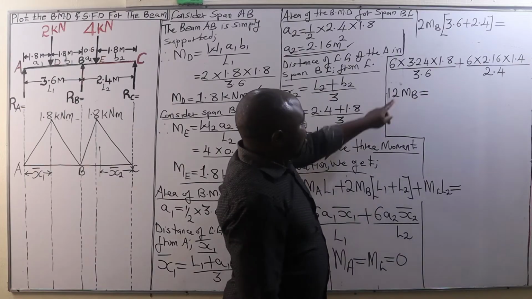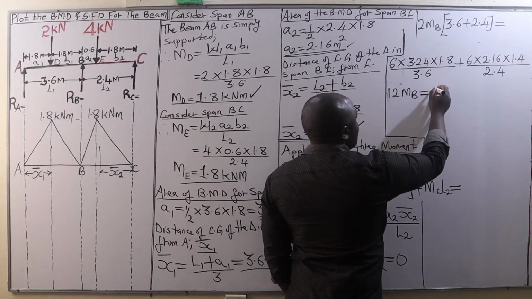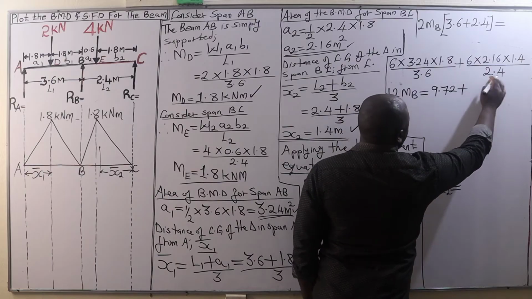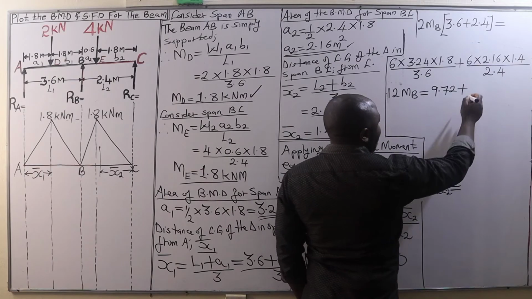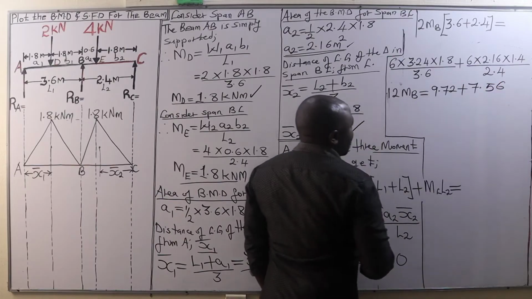When we multiply this, the first part gives us 9.72, plus, when we solve the other part, 7.56.